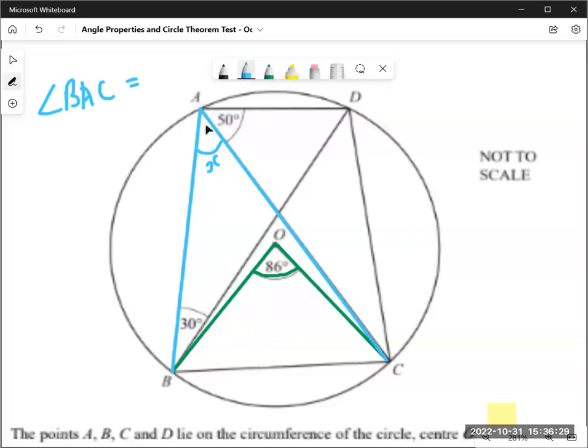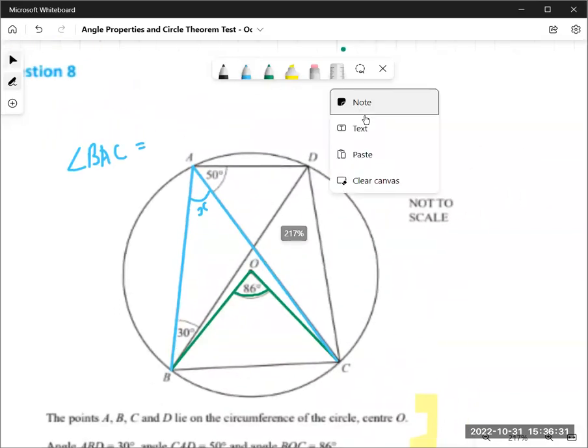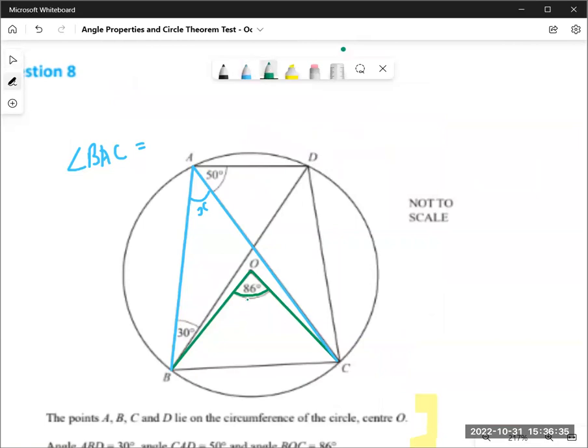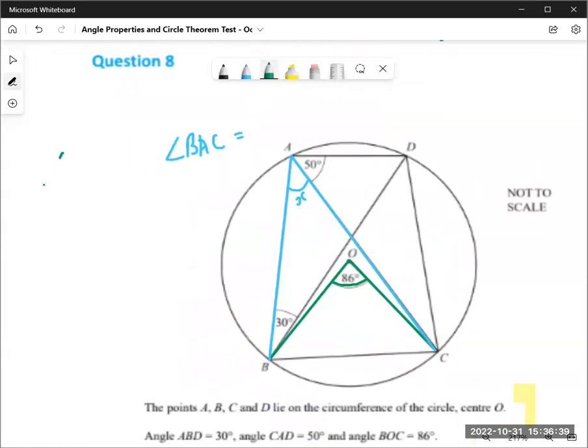Circumference. And we know that the angle at center is twice the angle at circumference. So angle at center, which is BOC, must be twice angle BAC. Well, I know BOC is 86.